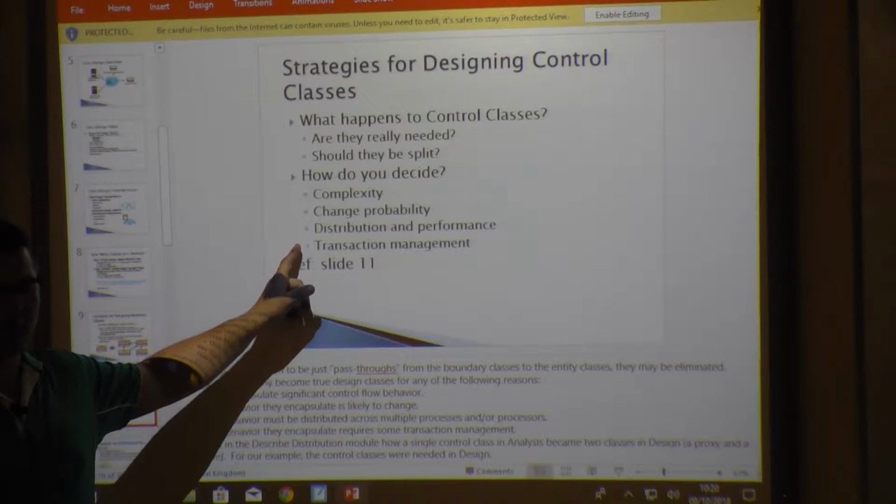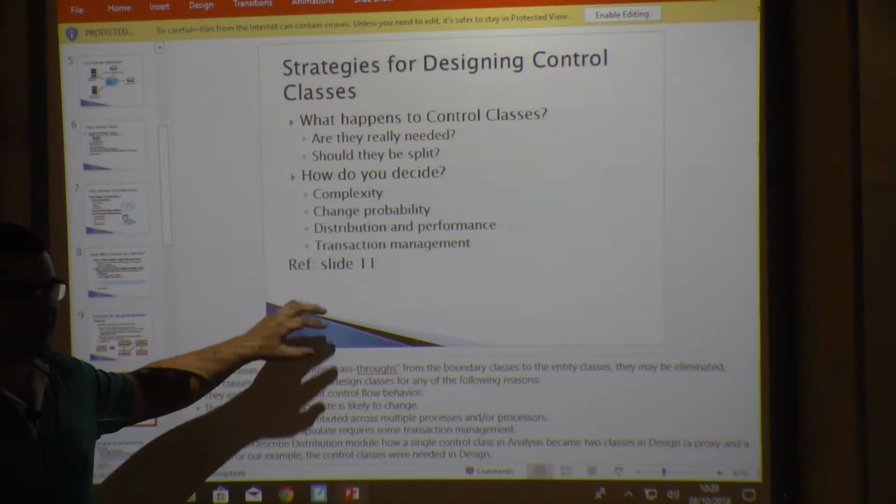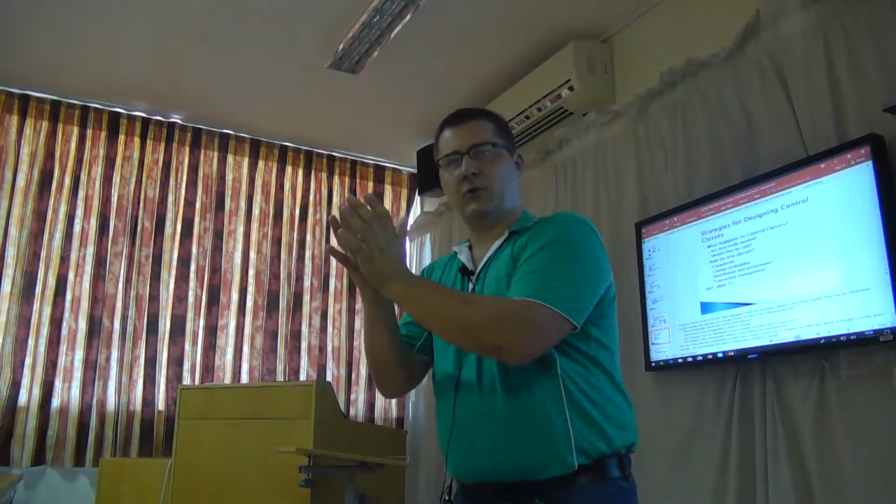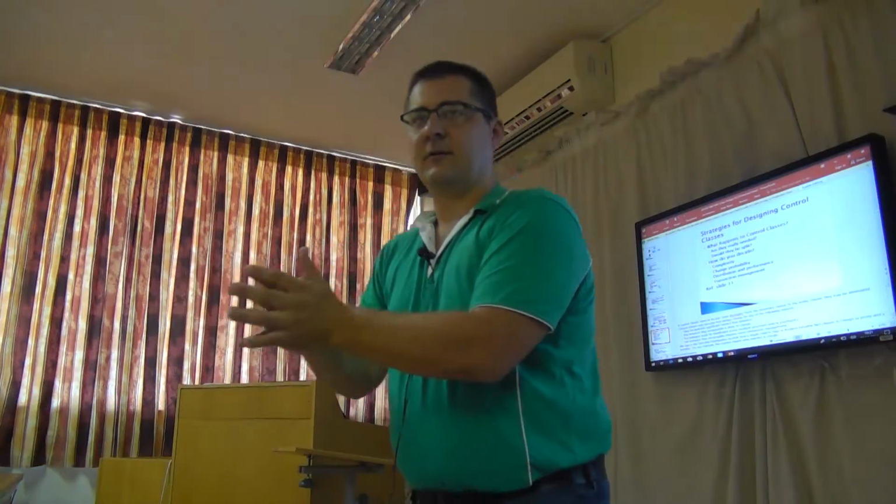Let's say, for example, we look at a banking system, where the business rules are used by multiple portions. Are the rules different when you're doing mobile banking compared to ATM banking? Think about it.